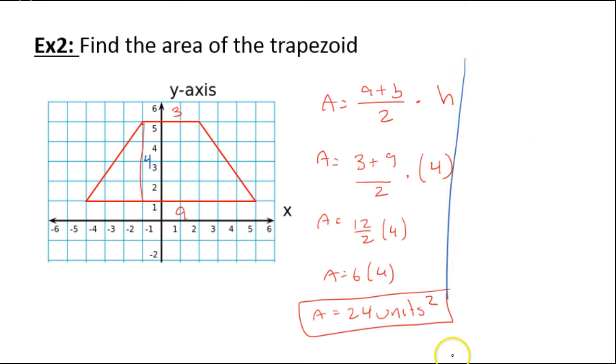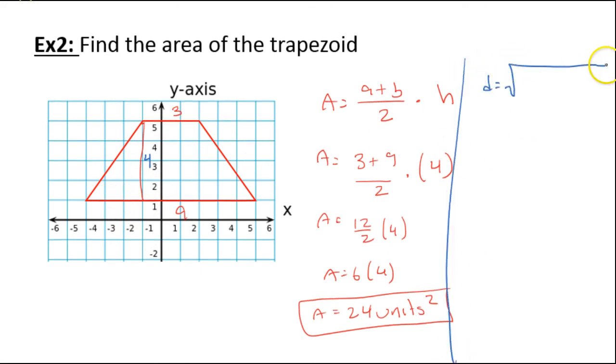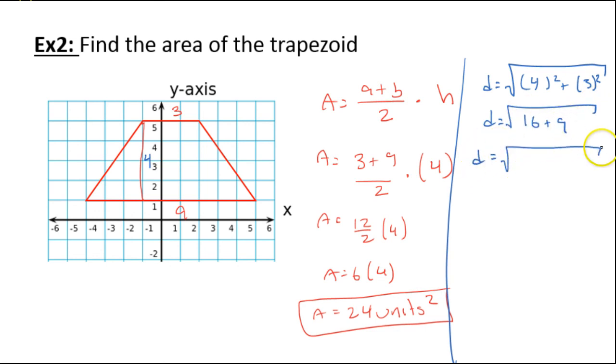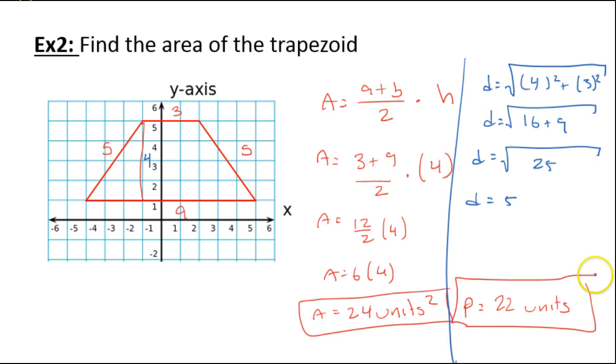So for my distance formula, you're going to end up having 4 squared plus 3 squared, which is 16 plus 9, which ends up giving us 25, which is just 5. So this distance is 5, which makes this distance 5. So my perimeter is 9 plus 3 is 12, plus 10 is 22. 22 units. Done.